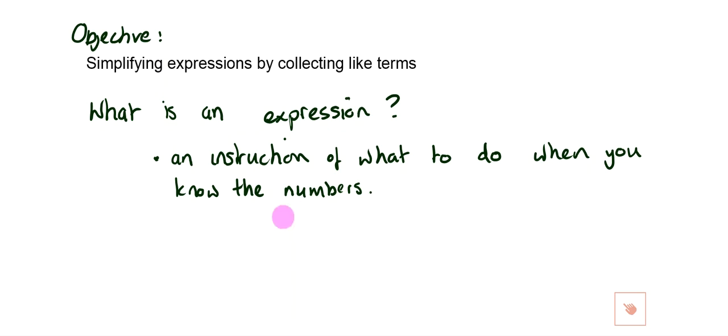So an example of an expression would be, well, does anyone want to give me an example of an expression? 10x divided by 14y. Or should we just do 10x plus 14y minus 2x plus 8? Just keep it nice and simple, yeah?